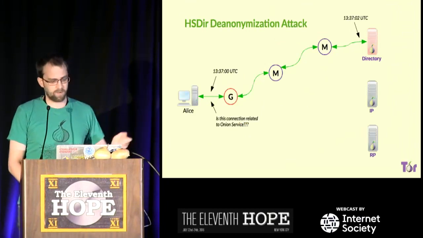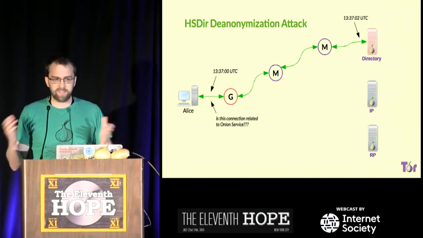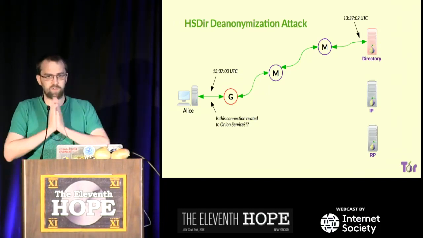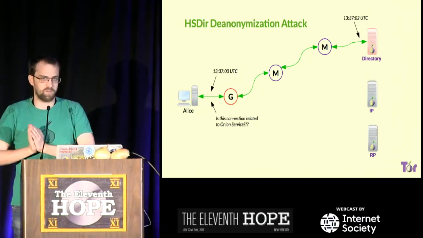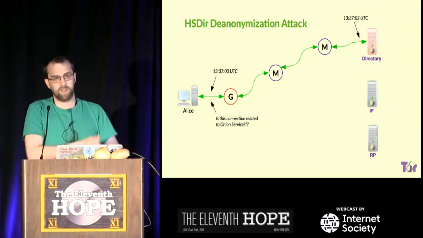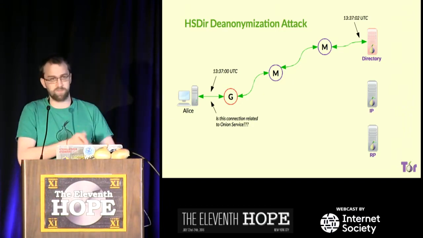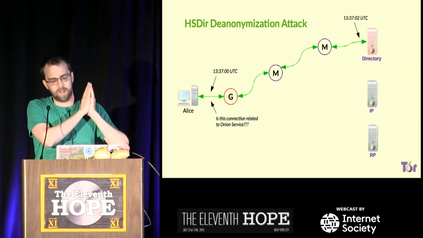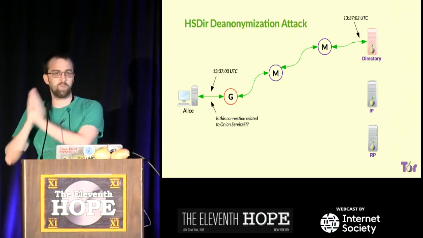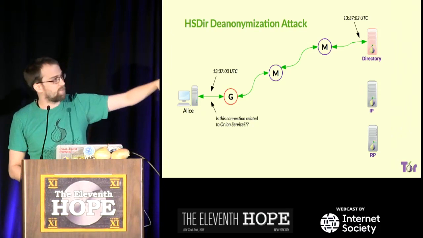One of these attacks, I'm going to go a bit faster, is the HSDIR deanonymization attack. It's a timing thing. Hidden services have specific patterns of circuit creation. Remember, I'm going to upload to the directory, and in this case it's the client, sorry. The client is very specific, and it's the same for the hidden service. I'm going to fetch the descriptor from the directory, open an RP circuit, and connect to the IP. In this case, I put timings, if you can see.